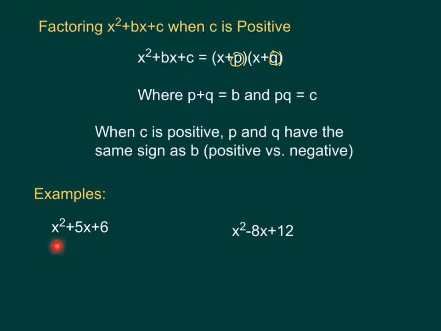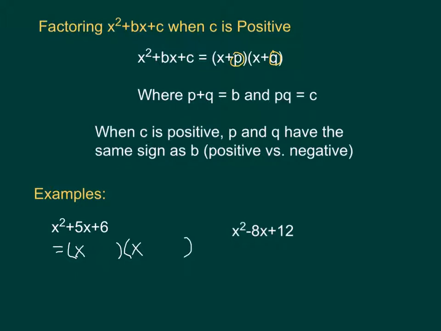The first one is x² plus 5x plus 6. Based on the rule that I've written up here, I know that this is going to look like x with one number and x with another number.